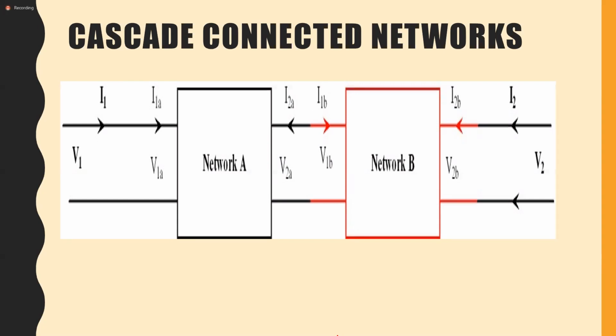By the way, this connection is one that you're going to be using a lot more often than series and parallel in your engineering career. Technically speaking, we are feeding the output of one network into the input of the other.